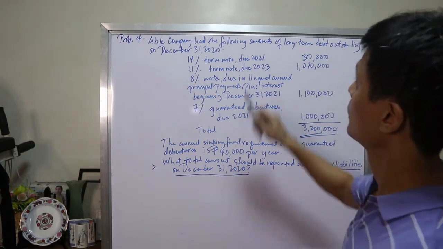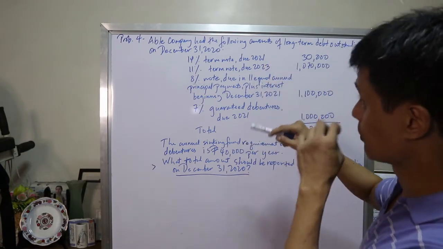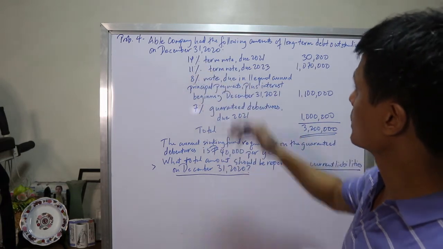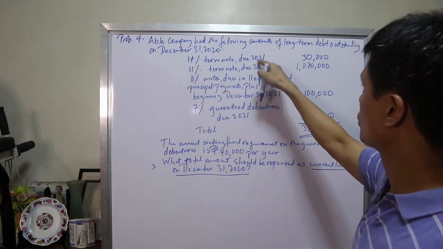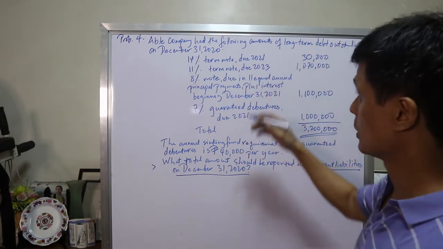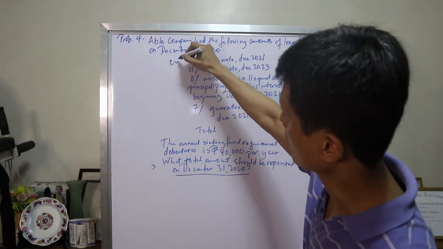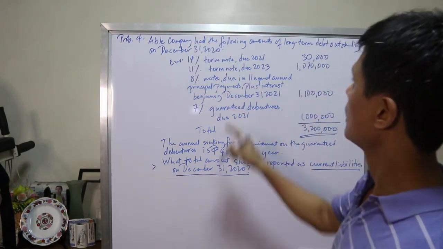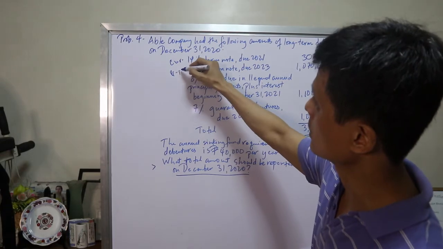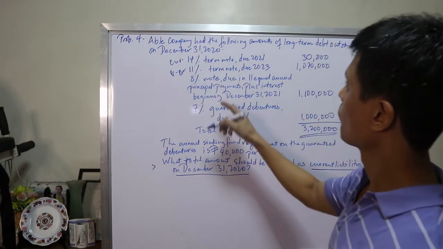Let's look at this information. On December 31, 2020, 14% term note due 2021. So this is less than 1 year. So this must be current liabilities. 11% note due 2023. So this is non-current, because it's more than 1 year.